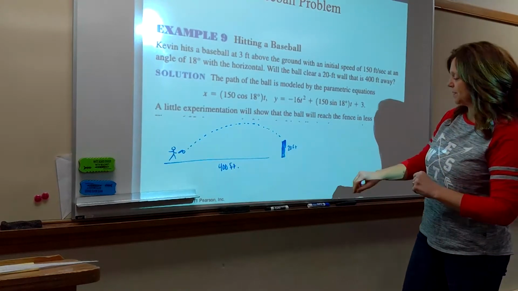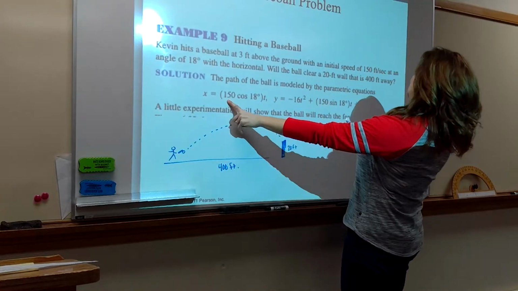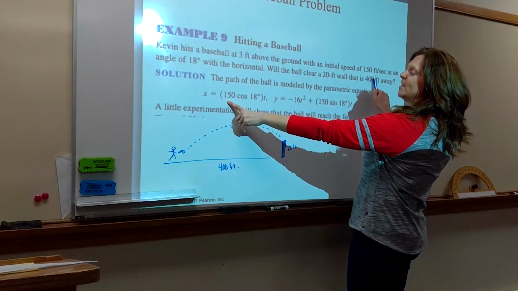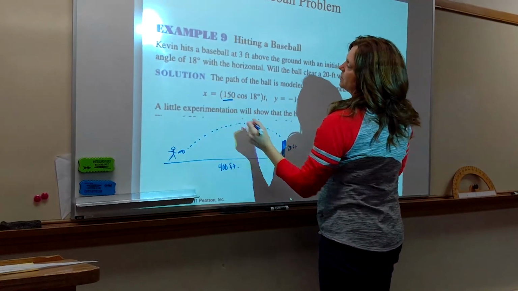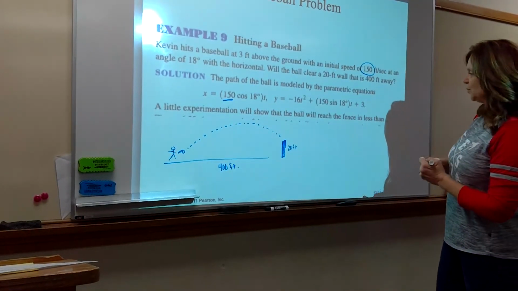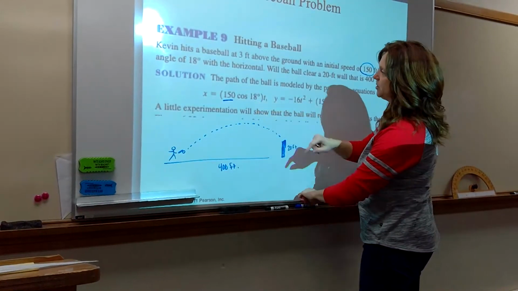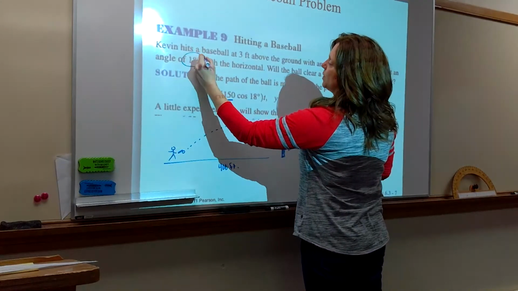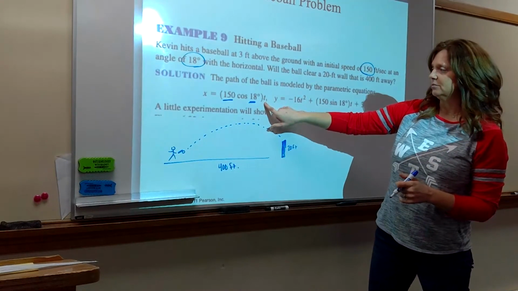You'll want to look back at this. It is x equals 150. Notice what 150 is. It's how hard you hit the ball. And then we have, at the angle, cosine 18, so that gets substituted in as well. These numbers can change. And then there's a t there.